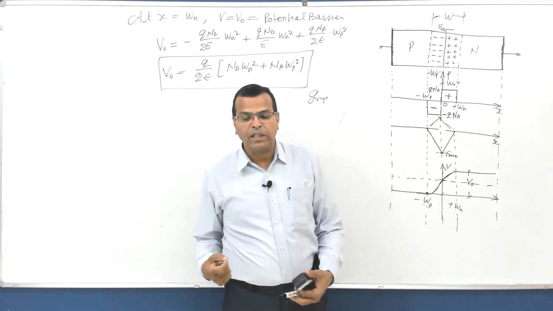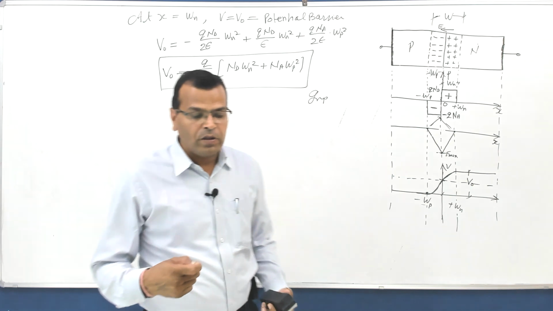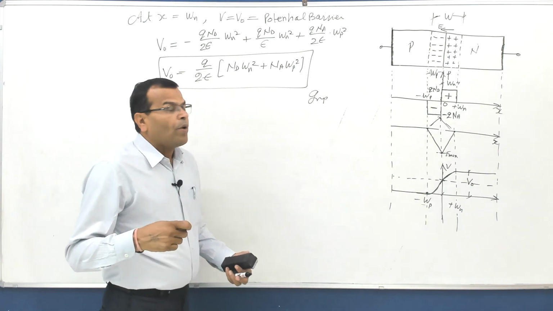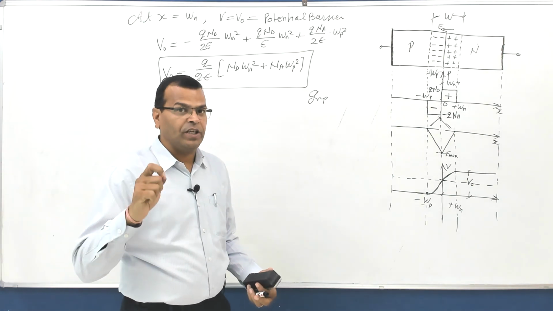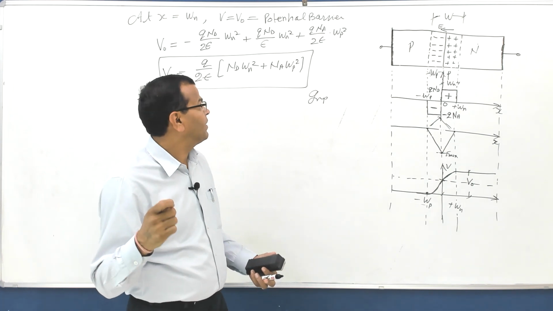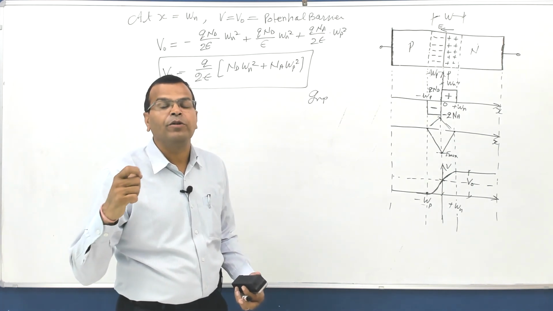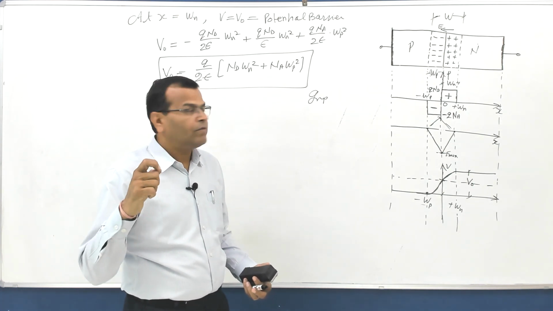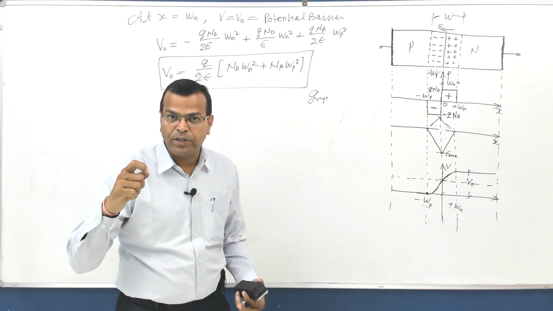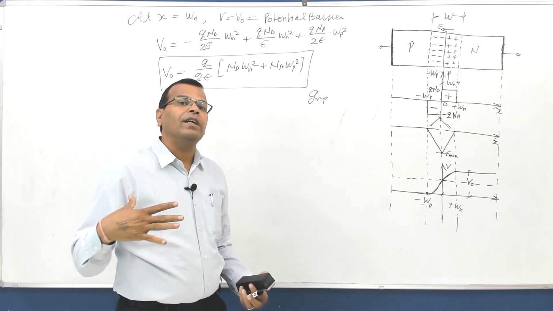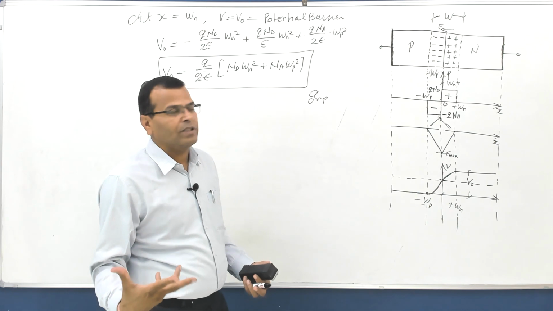The next topic we will see is the width of the depletion layer. That is an important topic as far as the exam is concerned. I'll derive the expression for the width of the depletion layer in the next video, and after that we will discuss the different types of questions.